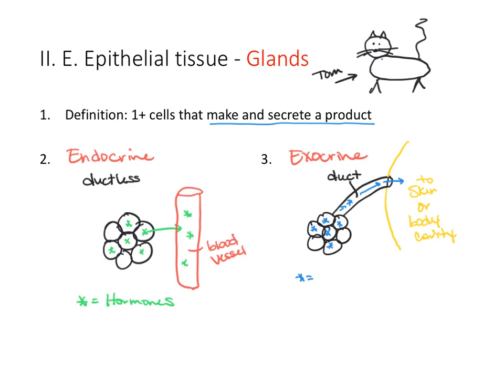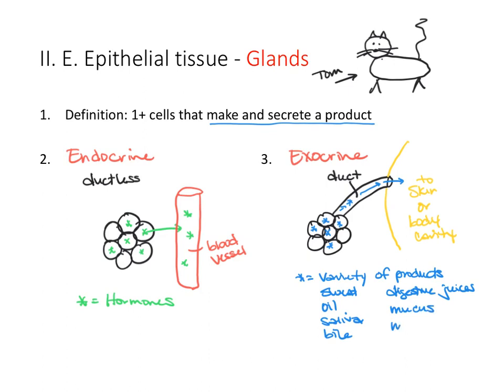The exocrine glands are going to make a whole variety of different products, depending on what gland they are. And these variety of products may include sweat, oil, saliva, bile, digestive juices, mucus, and milk, and some other stuff, but that's probably a good enough variety.